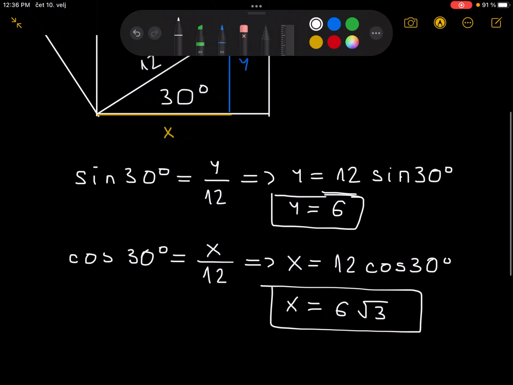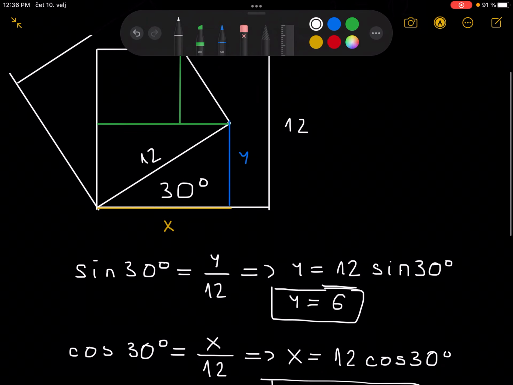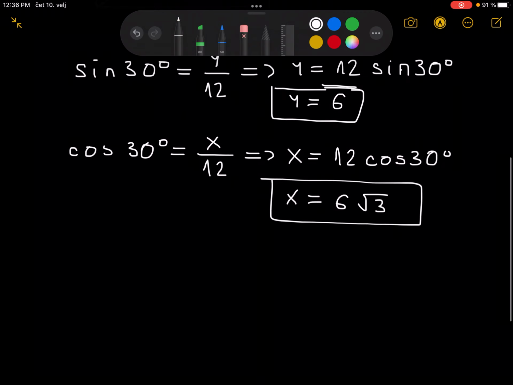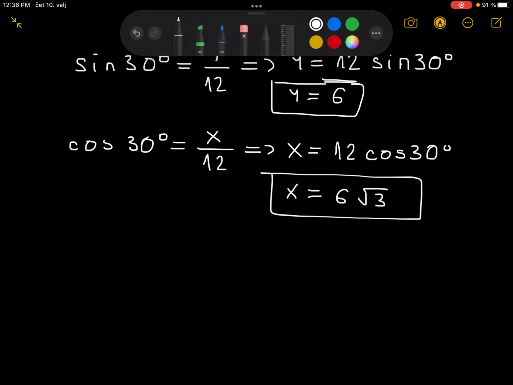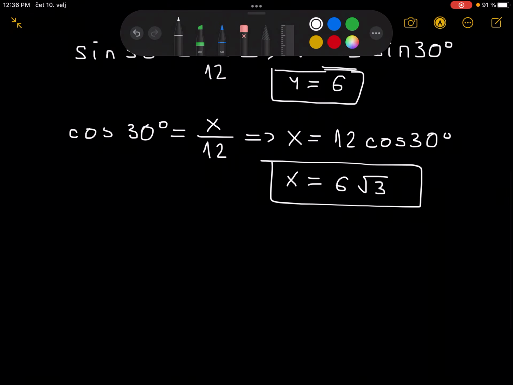Okay, now that we know that, how is that going to help us? Well, first of all, we can find the area of this right triangle that's marked in yellow color. And the area of that triangle is going to be exactly x times y over 2.